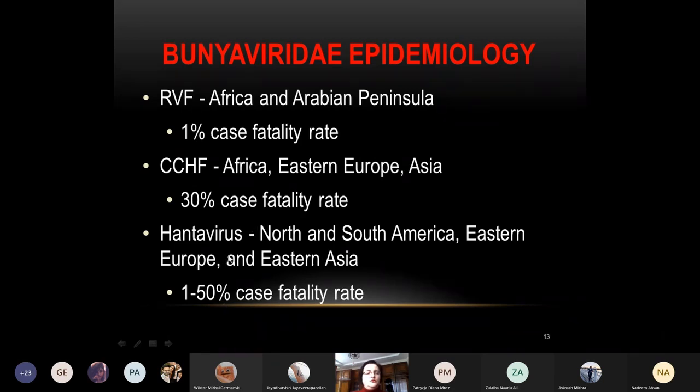Hantaviruses are divided into two groups based on location. Old World viruses are found in Eastern Europe, you see, and Eastern Asia, while New World viruses are found in North and South America. Depending on the virus, case fatality rate can vary from 1 to 50%.